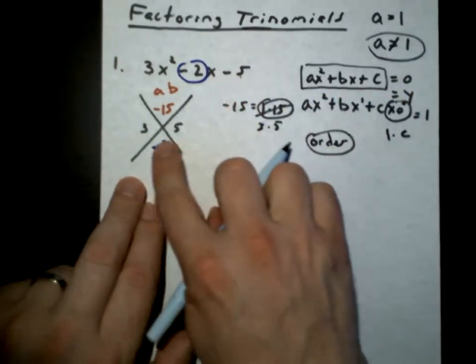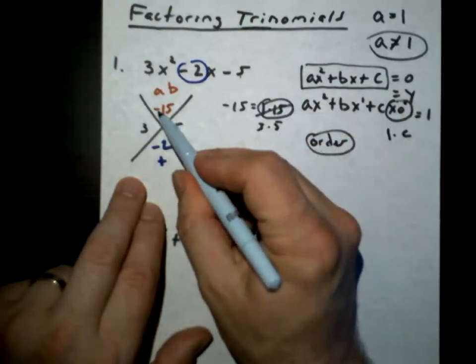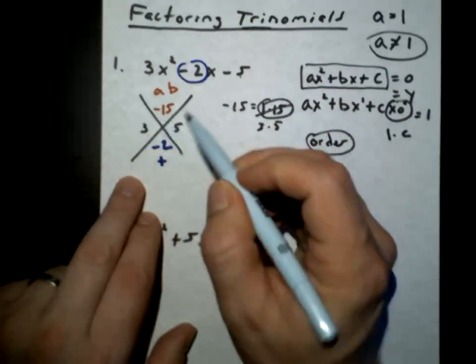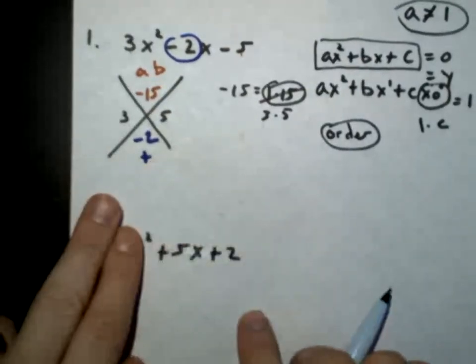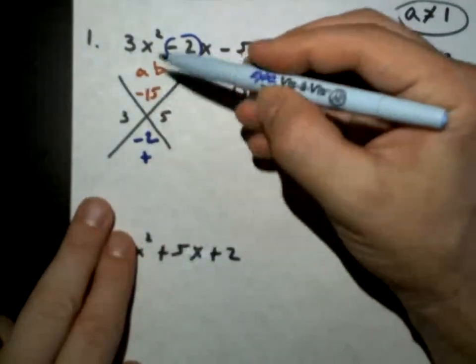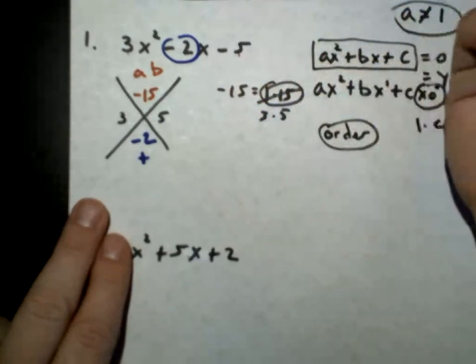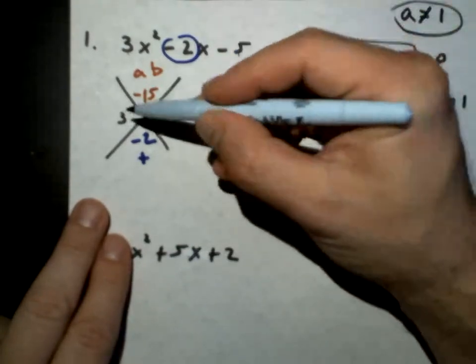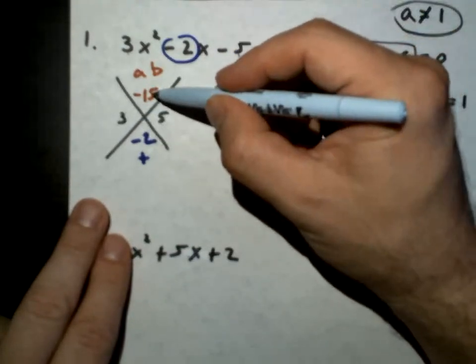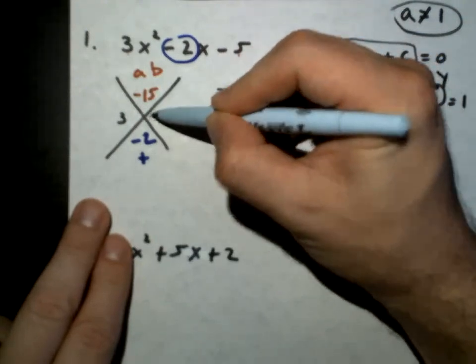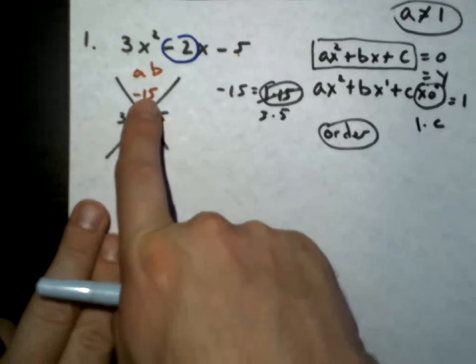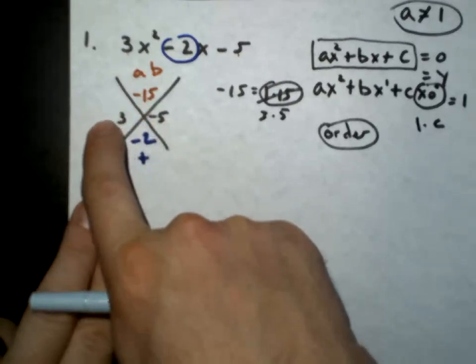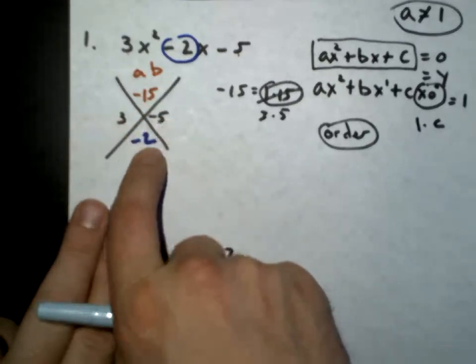Now I want to worry about the signs. I want to make negative 15, but also I want to make negative 2. So let's see, what two signs? Not both negative, because that won't work. It's going to have to be this one, because a positive times a negative is a negative, and that minus that is that.